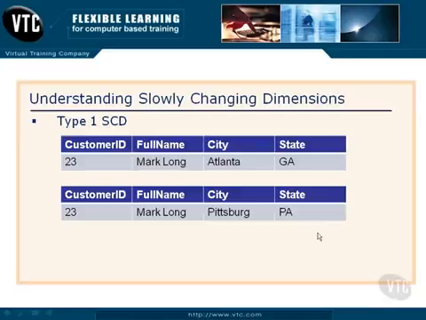So if I ran a report last week when this was in the data warehouse, those 12,000 items that I ordered would be reflected in the Atlanta, Georgia numbers, the southeastern United States numbers, the eastern U.S. numbers, whatever. But if you run the same report this week, those 12,000 items are going to appear in the Pittsburgh, Pennsylvania region, or in those numbers.